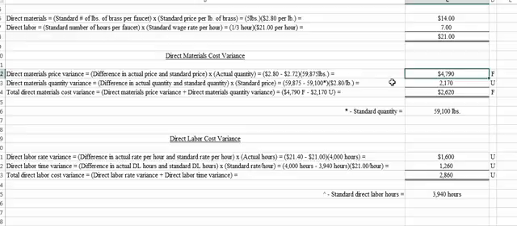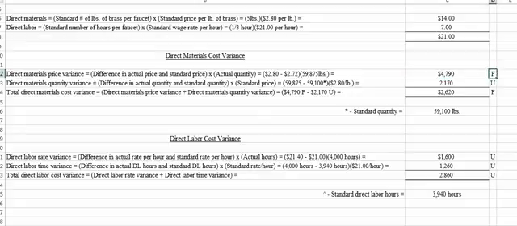I'm not sure. But let's assume that the reason the purchasing department was able to pay less per pound for the brass is because they bought a little bit lower quality materials. So maybe we got this favorable variance here because the purchasing department was under a lot of pressure to beat the standard. So they went out and bought direct materials that were not quite as good. But it caused their price variance to be favorable.